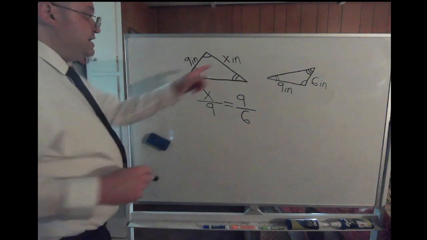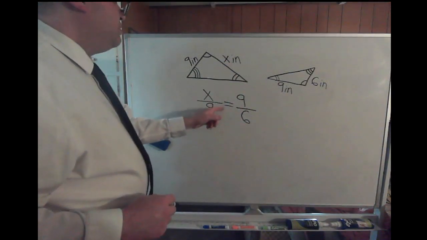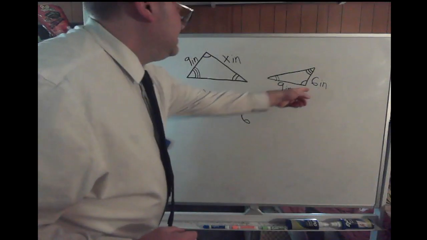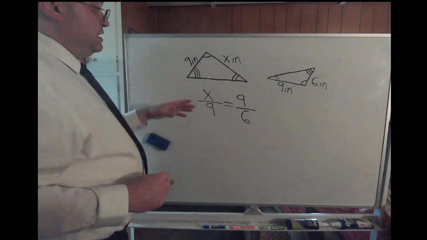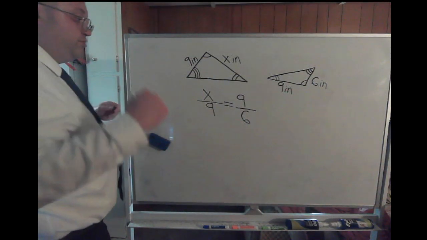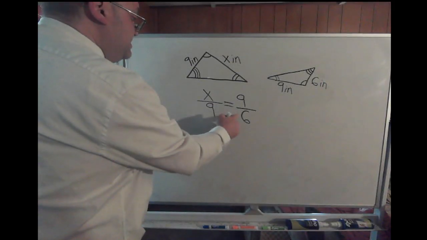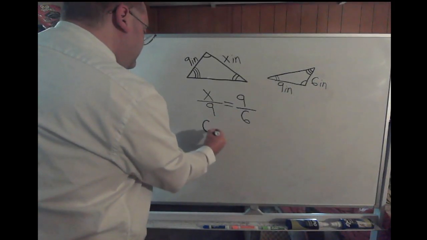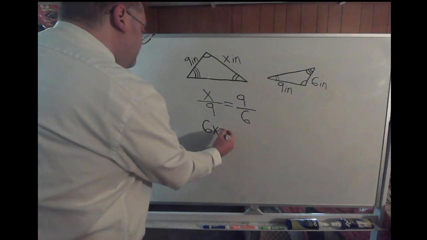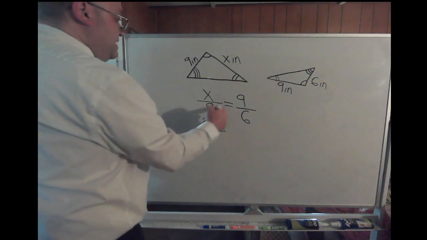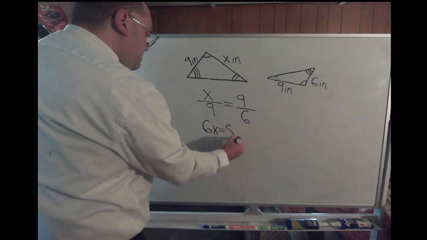So x corresponds to 9 inches, where the 9 inches corresponds to 6 inches. Once you figure that out, we can do our proportion. So x times 6, well, that'd just be 6x, would be equal to, what's 9 times 9? That's 81.